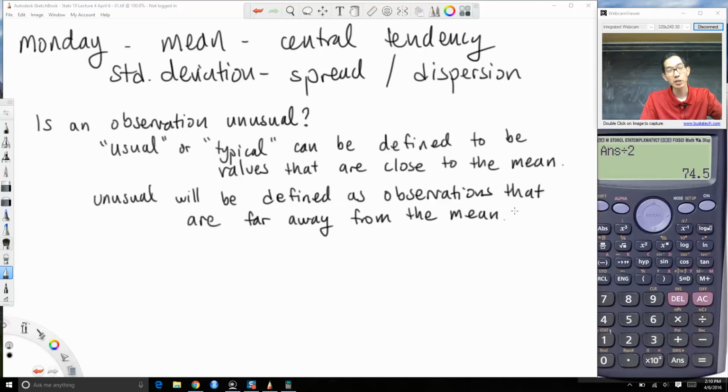What we're going to do is talk about distance from the mean, but expressed in standard deviations. Because the standard deviation tells us the spread, we can say whether something is very unusual or not. So it's not enough to just have the distance from the mean. We want the distance from the mean expressed in standard deviations.